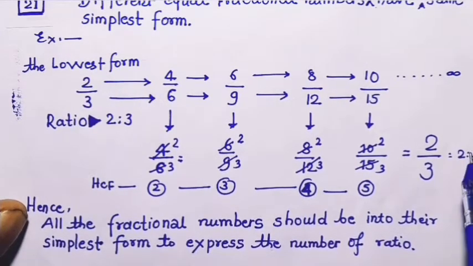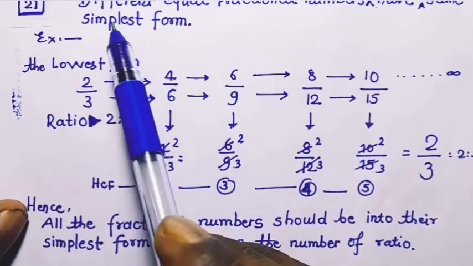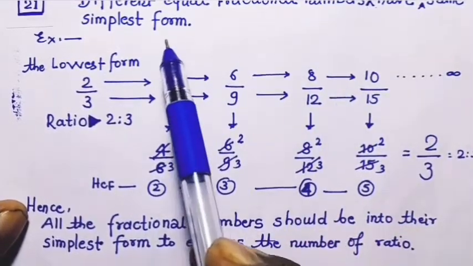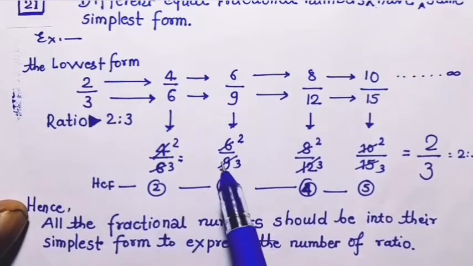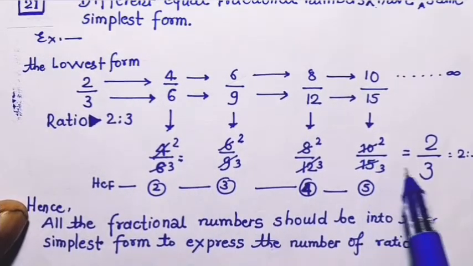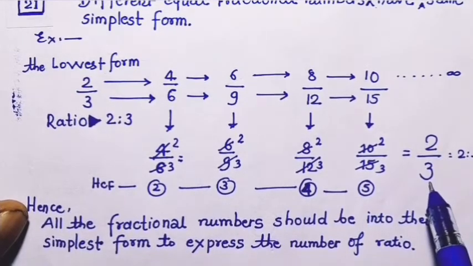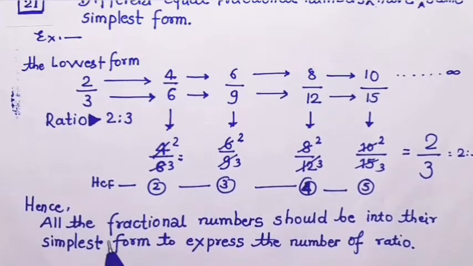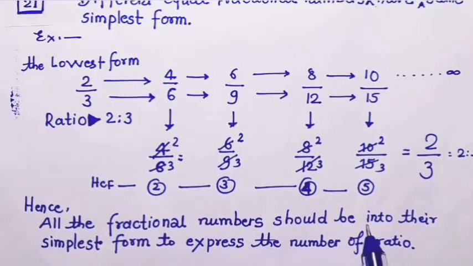So it is said here, different equal fractional numbers may have the same simplest form, 2 by 3. Hence all fractional numbers should be put into their simplest form to express the ratio.